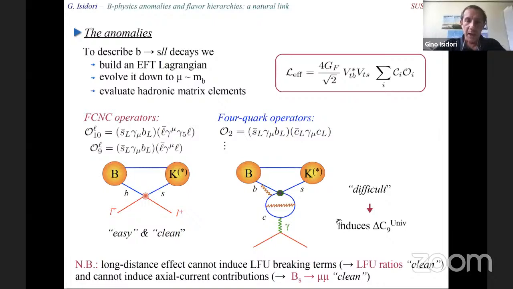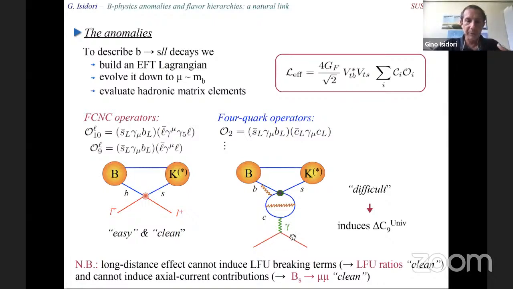This affects the rare process. However, you see this type of dynamics, which is the one that we don't control very well, can only make a universal effect, so the same effect in electrons and muons. There is no way to distinguish electrons from muons by this type of long distance dynamics. And also you can only affect the vector type coupling.